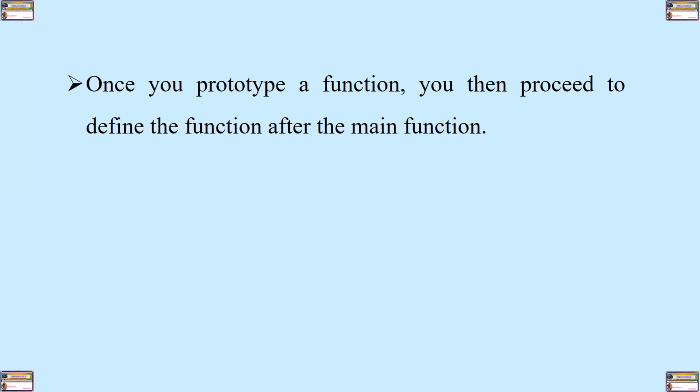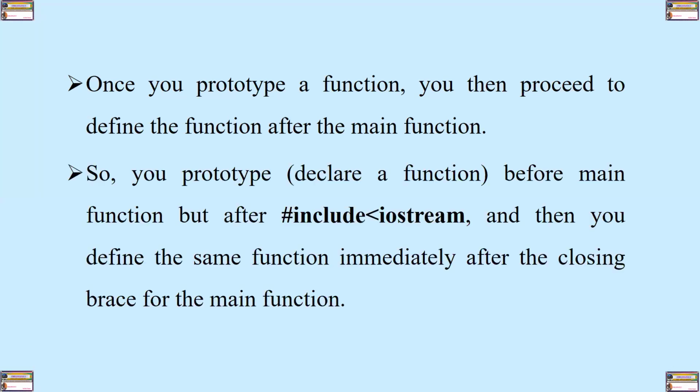Good programming practice: don't define functions before main. Prototype a function, work with the main function, and then define the functions that you have prototyped right immediately after the main function, after the closing brace for the main function.